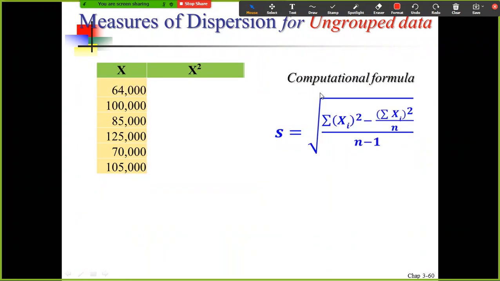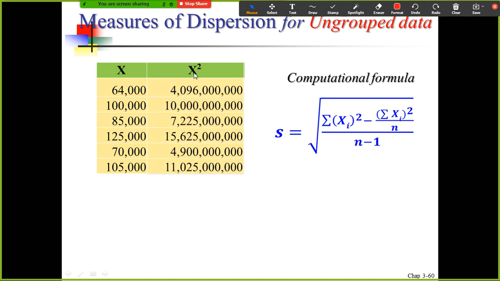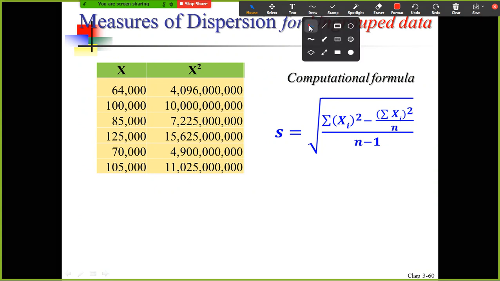Now I'm using the computational formula. In order to compute variance or standard deviation using the computational formula, I use only two columns. This is the original column, and this is a new column, x square. Why do I need to find x square?